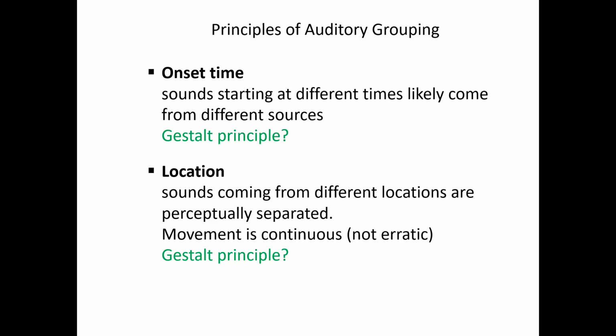And I think I said in one of the previous slideshows that our ears can tell where things are coming from by differences within a microsecond, even more precise than a millisecond, a thousandth of a second. So things starting at different times are likely to be from different sources.